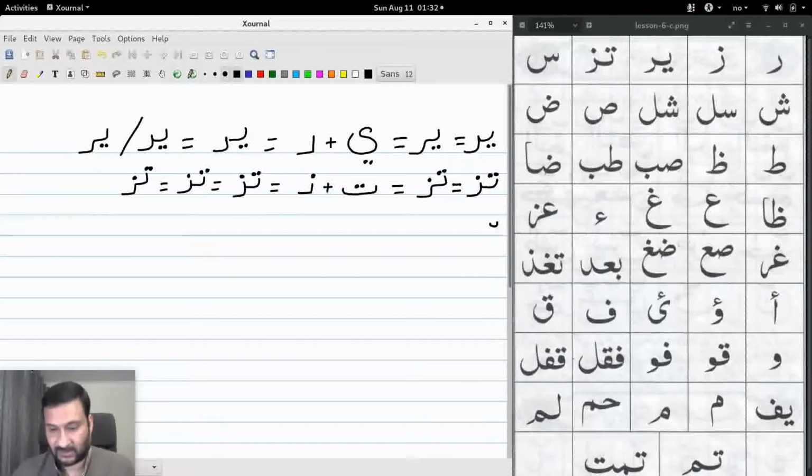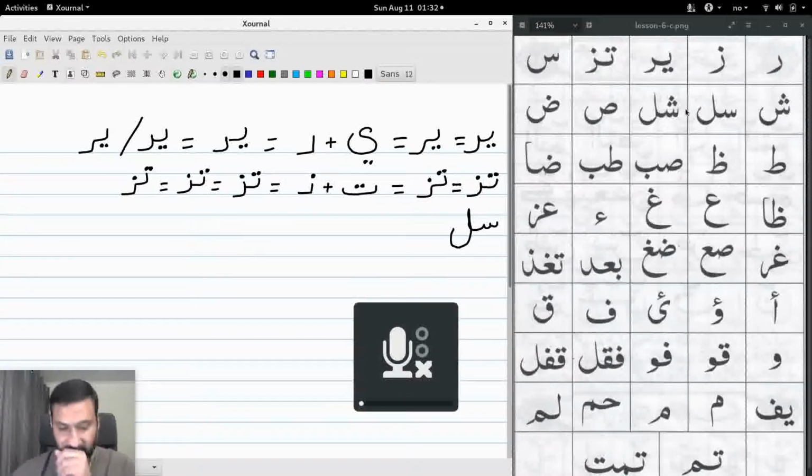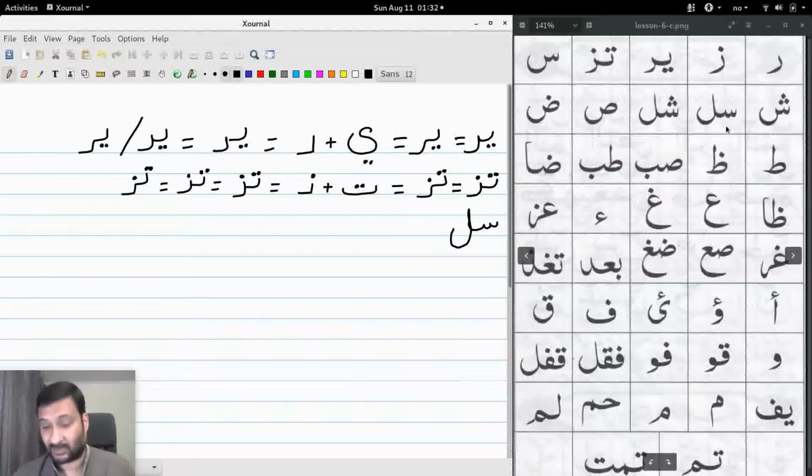So it's a Sin Lam. To an untrained eye, this could look like a Sin with a bit elongated vertical line, which it is not. It is Sin and Lam, and I'll show you how.